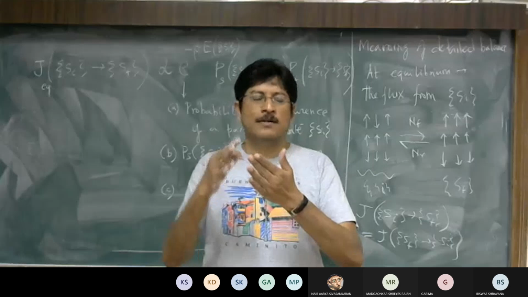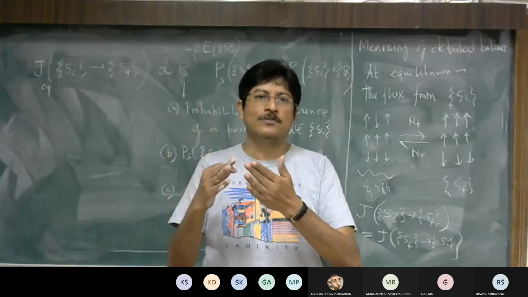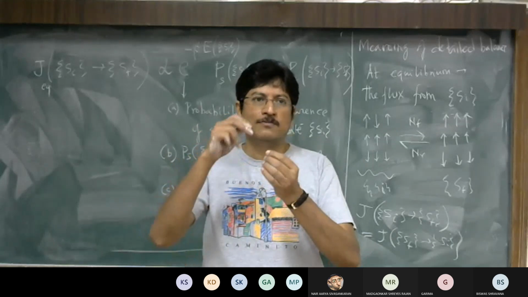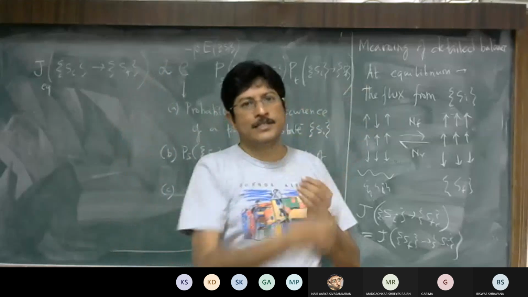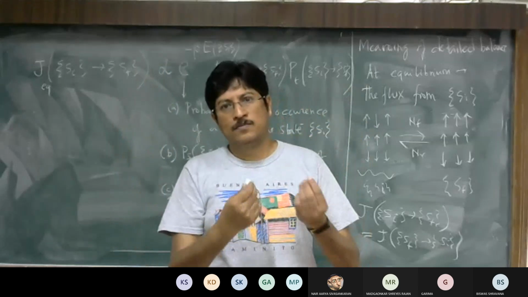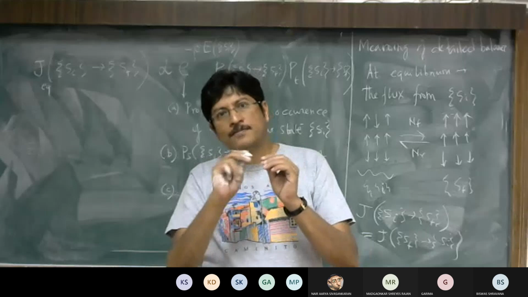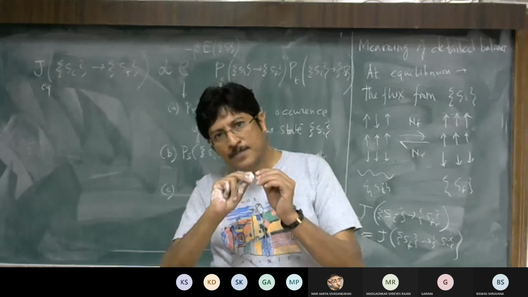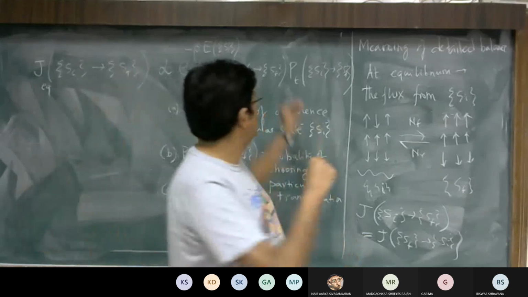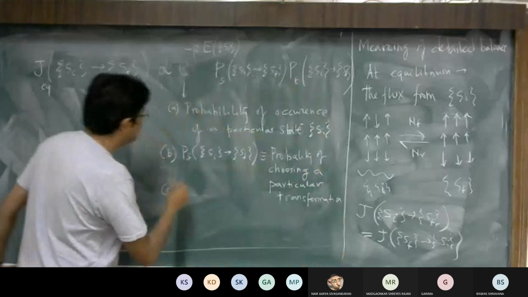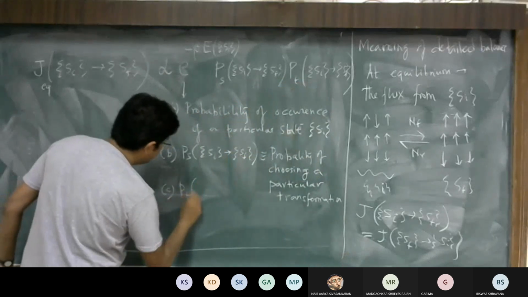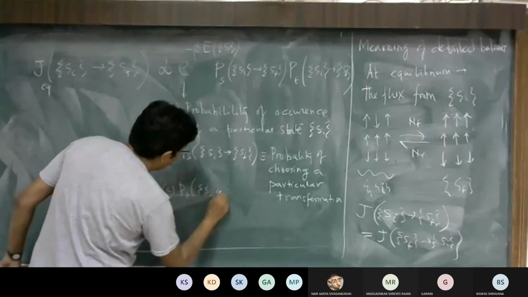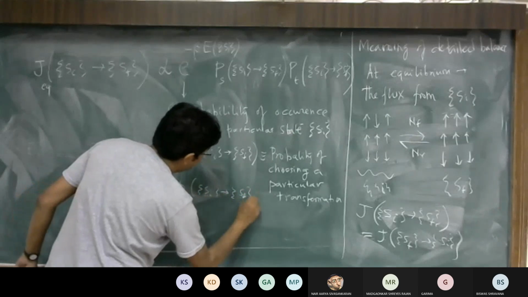Each will have a certain probability that you are looking at transformation from a particular SI to SF1. There could have been some other state, which would be SF2. So the relative probabilities of choosing that transformation from SI to SF would be proportional to that. And the third thing is PT, which I denote by PT. PT is just the actual probability of acceptance of the move.